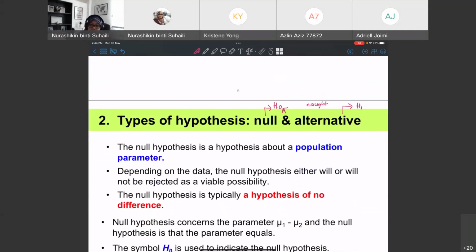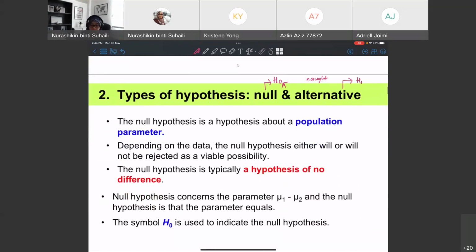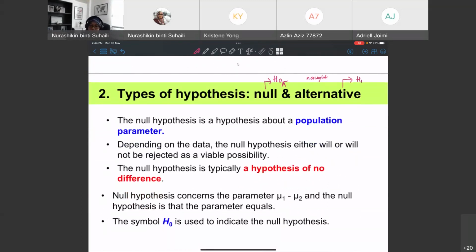So the null hypothesis, the nature of it is always a hypothesis of no difference. It means that whenever we want to do an experiment, we are expecting that there will be a change, something happening in the experiment. So that's why we do the experiment. For the null hypothesis, we would say there is no change.